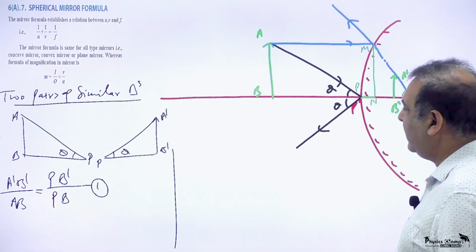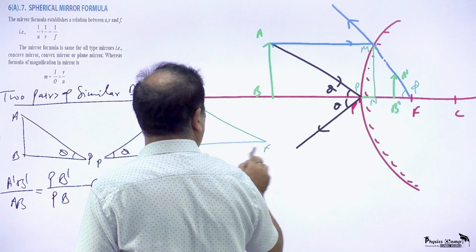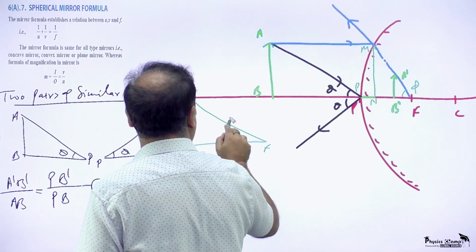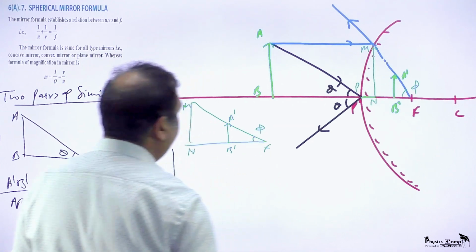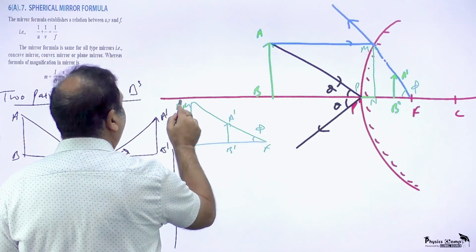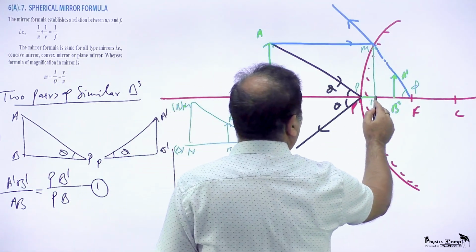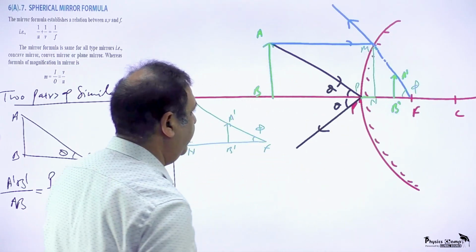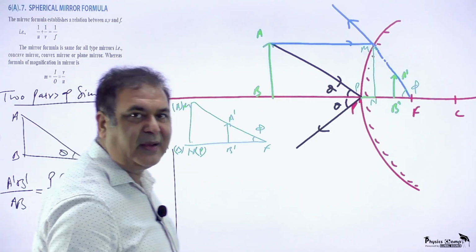Let's take this angle as phi. So if we look for another pair of similar triangles, this is F, this is N, this is M, this is A dash B dash. This angle is phi. So MN and AB are same. And similarly, instead of NF, I can always call it PF, because NP is negligible.